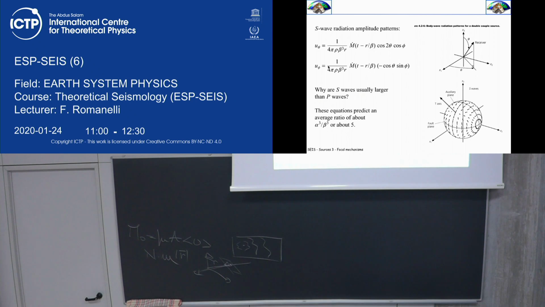So the net result of the radiation for S waves, that is larger, please do remember, because alpha is larger than beta, okay, it will be like this one. So it will be 0 in 2 points that are exactly where the maxima and minima of the P waves are. So 0, 0, 0 on this side and 0 on that side.